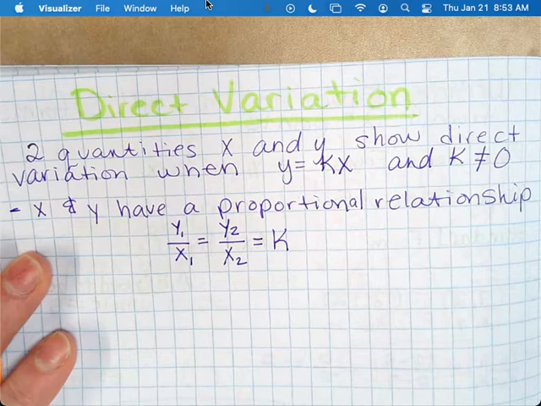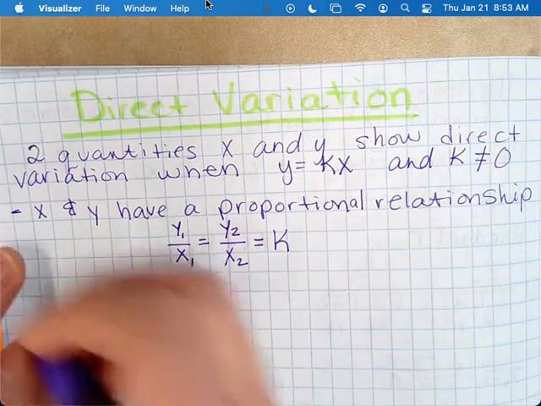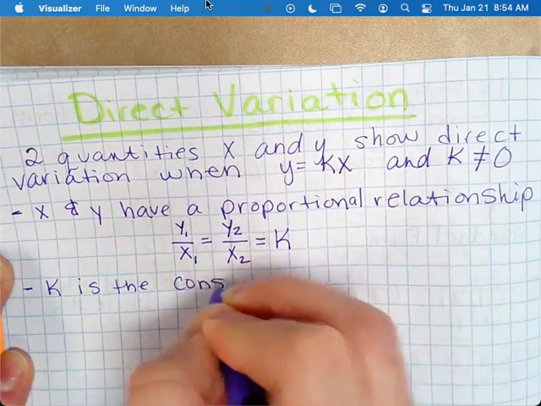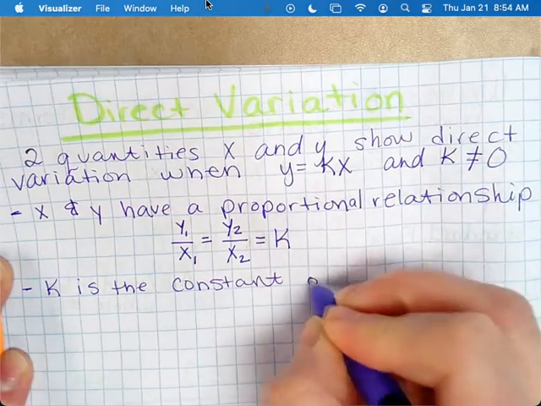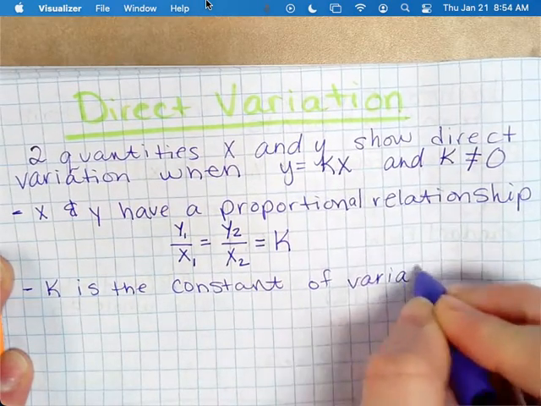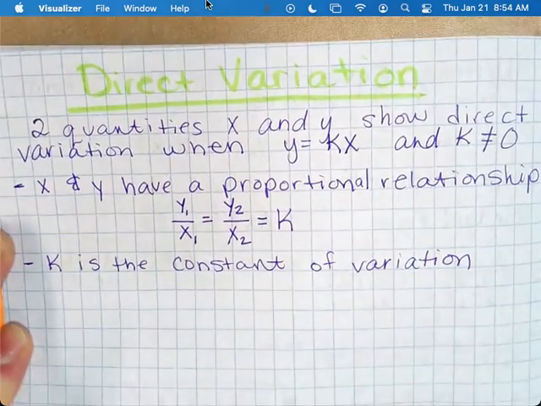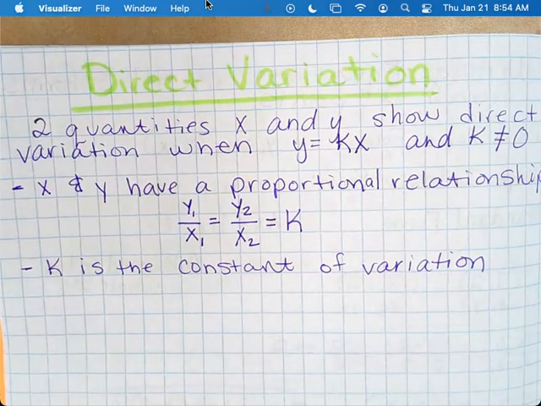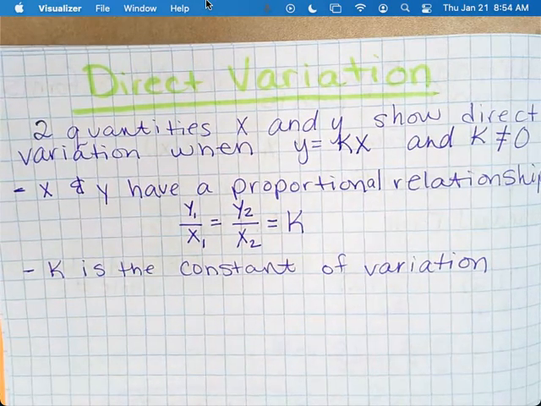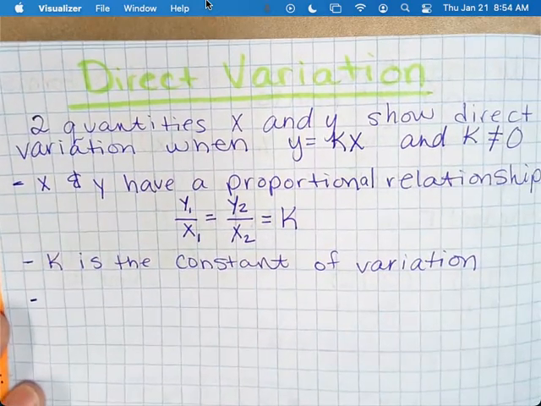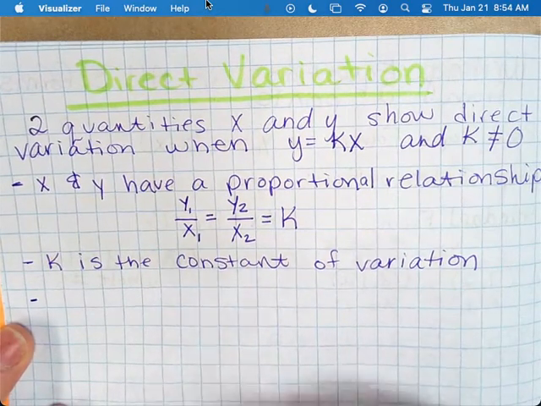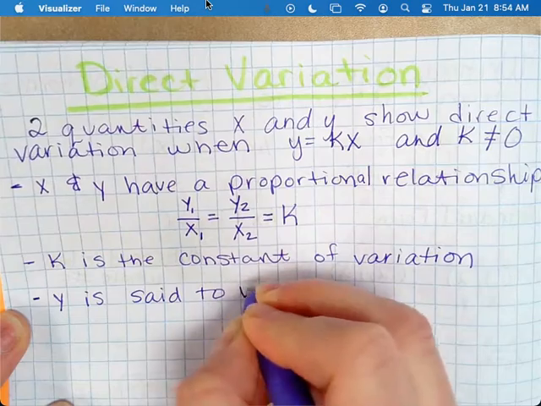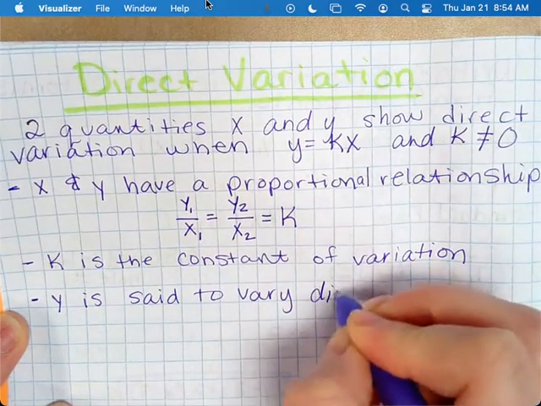K is going to be called our constant of variation. Y is said to vary directly with x.